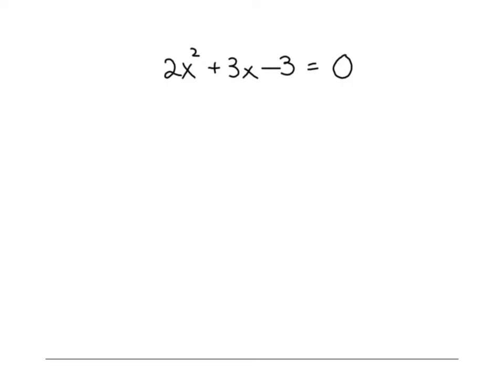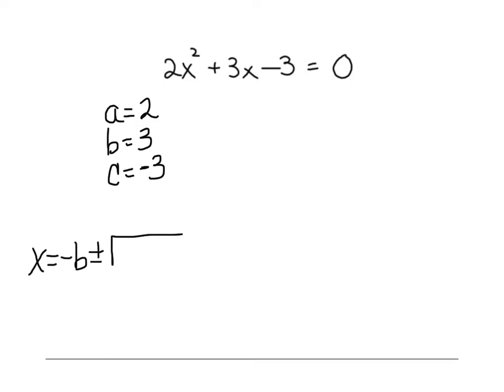All right, so I have a is 2, b is 3, and c is negative 3. Once again, x equals negative b plus or minus the square root of b squared minus 4ac all over 2a. So let's write it out.